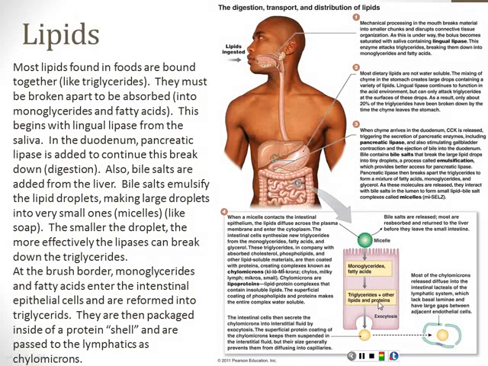And now we have a transport problem. Triglycerides don't mix with water, right? We were just talking about that. So how are we going to move them in the blood? And the body has a system for that, and it's called the lipoprotein. So if the triglyceride won't dissolve in water, one thing you can do is you can package it.